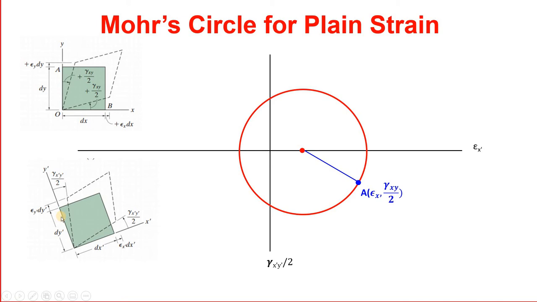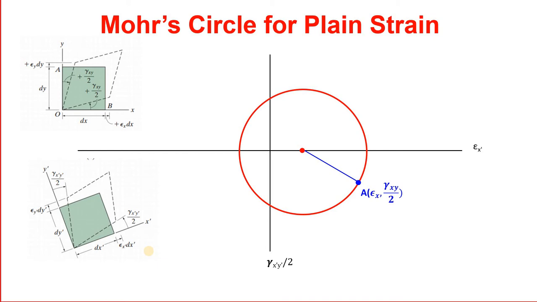In order to determine these parameters, one way is to use the general equations that we have just discussed in our previous lecture. Use the angle theta in the equations and get your answer for epsilon x prime, epsilon y prime and gamma x prime y prime.